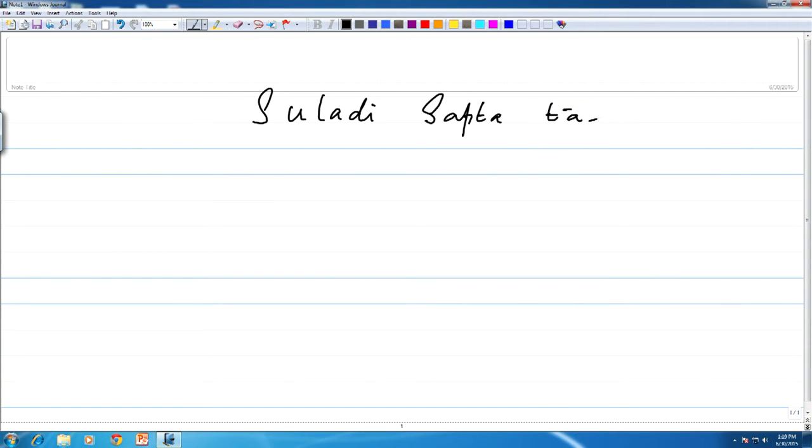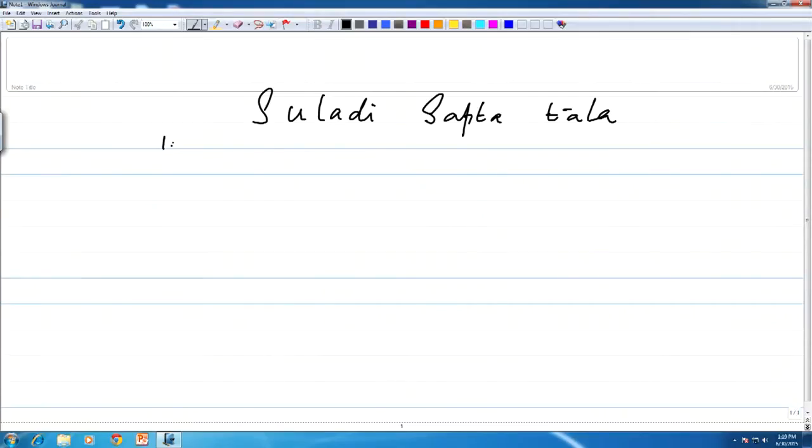In fact, a beginner is very quickly introduced to this Suladi Sapta Talas. These are Dhruva, which is what you saw just now, the composition that I sang of 14 matras, Dhruva.